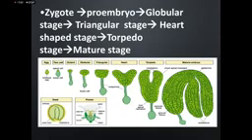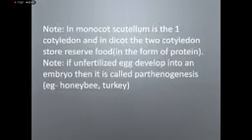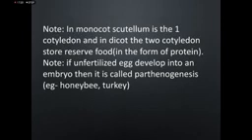Here: the egg, then two cell, then octant, then globular, triangular, heart, torpedo, mature embryo. That means from the zygote, repeated divisions take place, and finally the mature stage is attained.